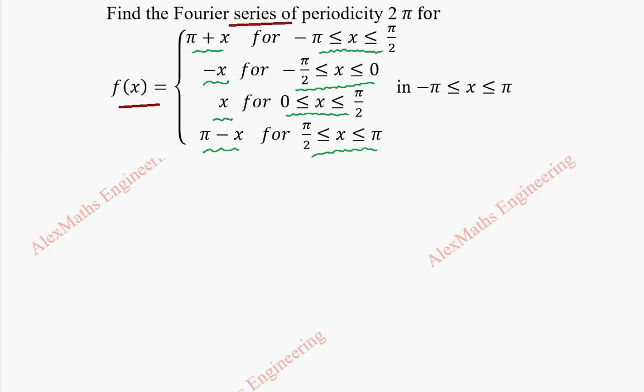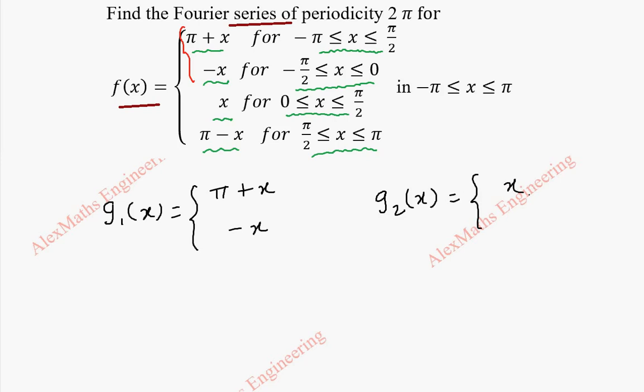Now let's take the first two parts of the function as g1 of x, that is pi plus x and minus x, and the second, g2 of x, as the last two parts, which are x and pi minus x. If I take g1 of minus x, every x is replaced by minus x.